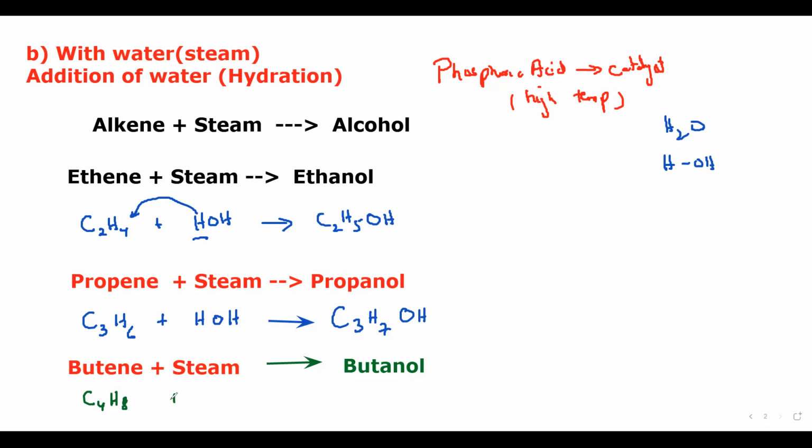Steam means H2O, or we can write HOH. First hydrogen is added, so it will become C4H9 and then OH. So alkene plus steam results in the formation of alcohol. Why do we call this alcohol? Because there is an OH group. Whenever there is an OH group, we call it an alcohol.